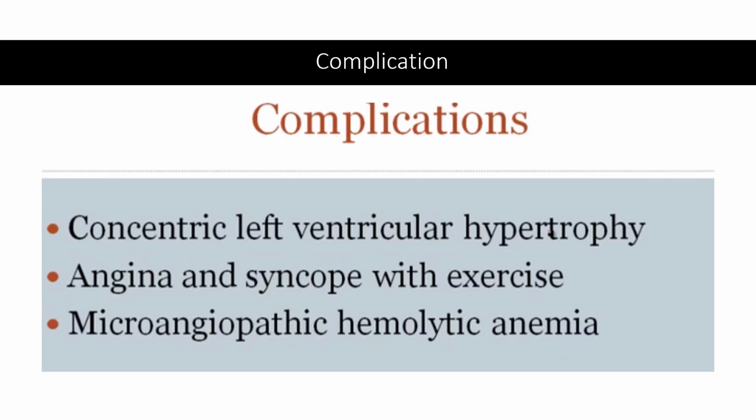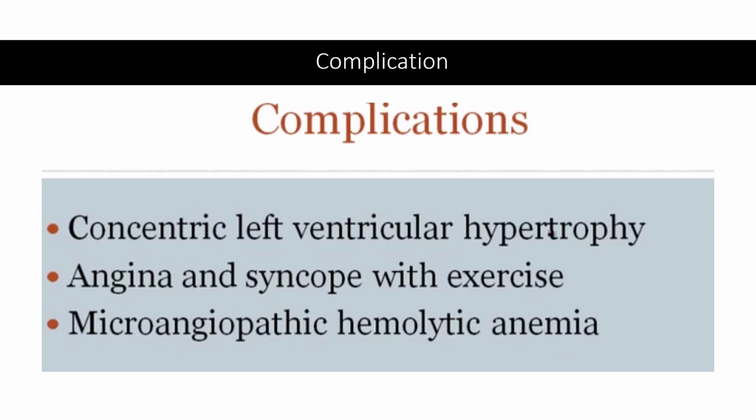So guys, as the aortic valve is stiff, the blood is not pumped well enough to the body. The blood being pushed from the left ventricle into the aorta is not getting properly into the aorta. So the pressure overload will cause concentric left ventricular hypertrophy.